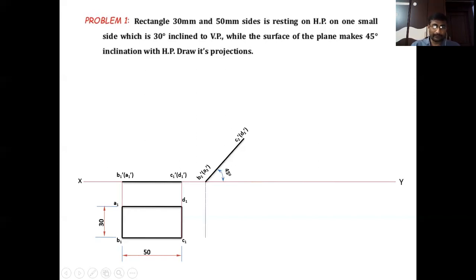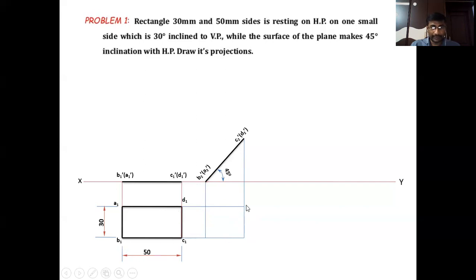Let us draw the projectors, projection lines, from B2 dash of A2 dash and C2 dash of D2 dash. These are the projectors, which are perpendicular to the XY line. Draw the 2 vertical lines from those 2 points and draw the horizontal projectors from the initial top view, from each corner of the top view.